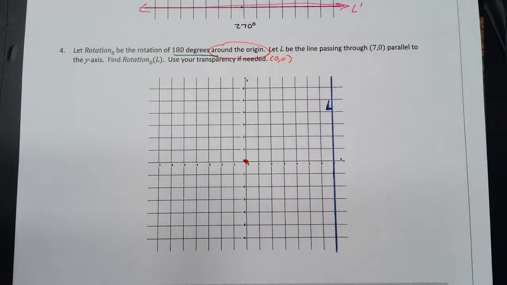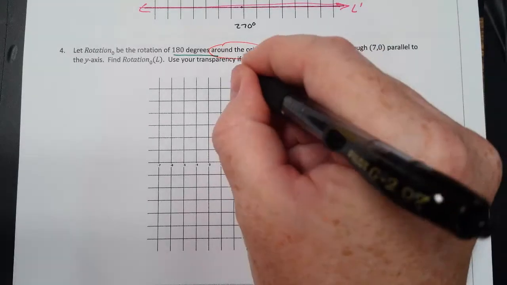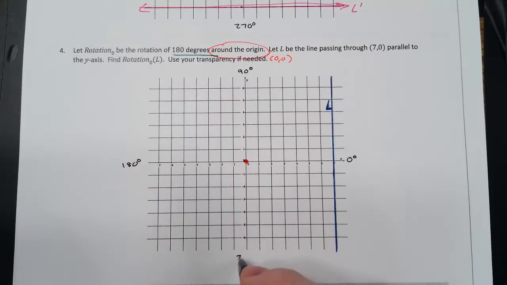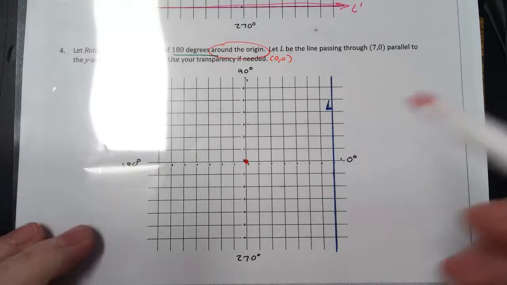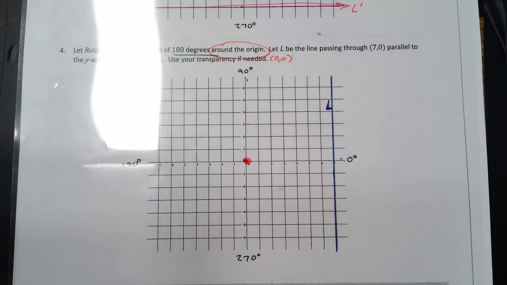We have the figure we're rotating. We have line L. And we're going to label our degrees to help us measure our rotation. And we're going to copy things onto our transparency to help us. So here's the origin that I'm rotating around.